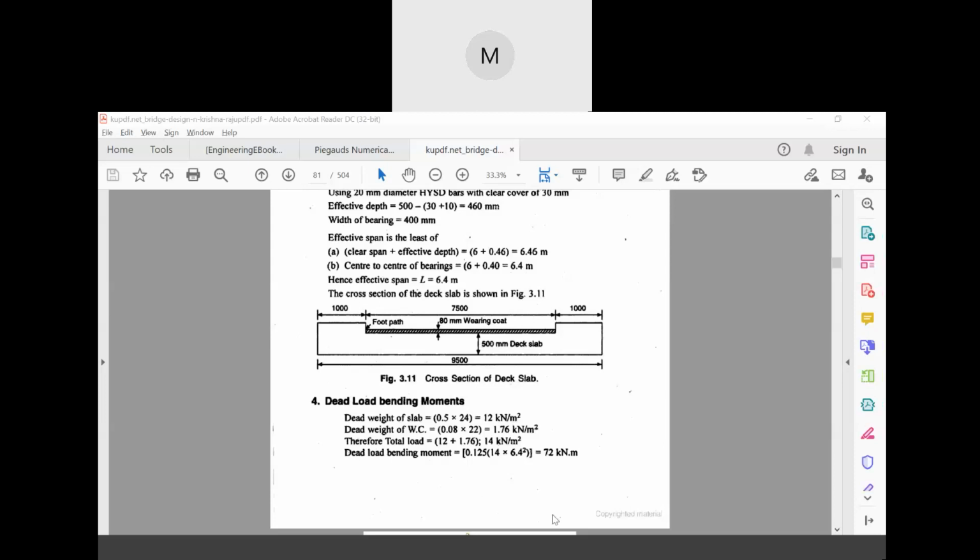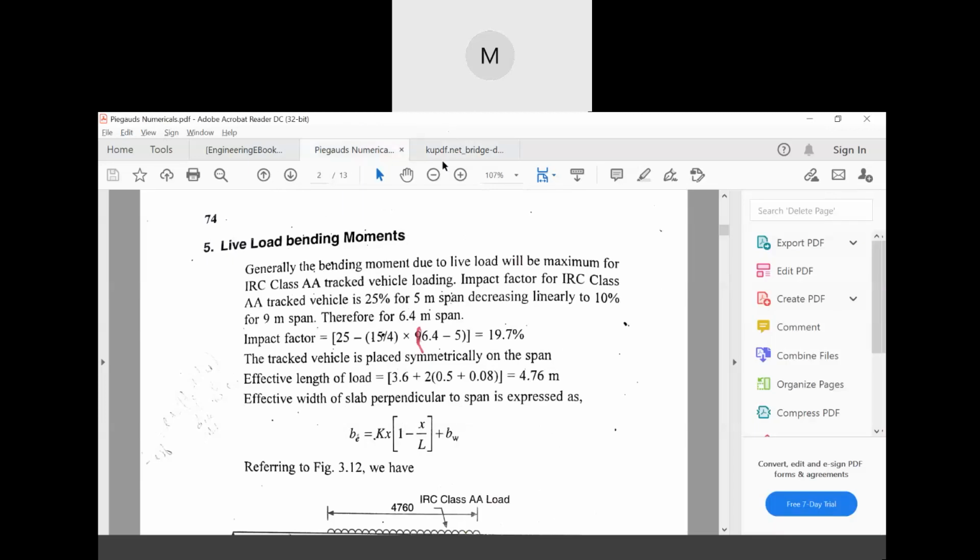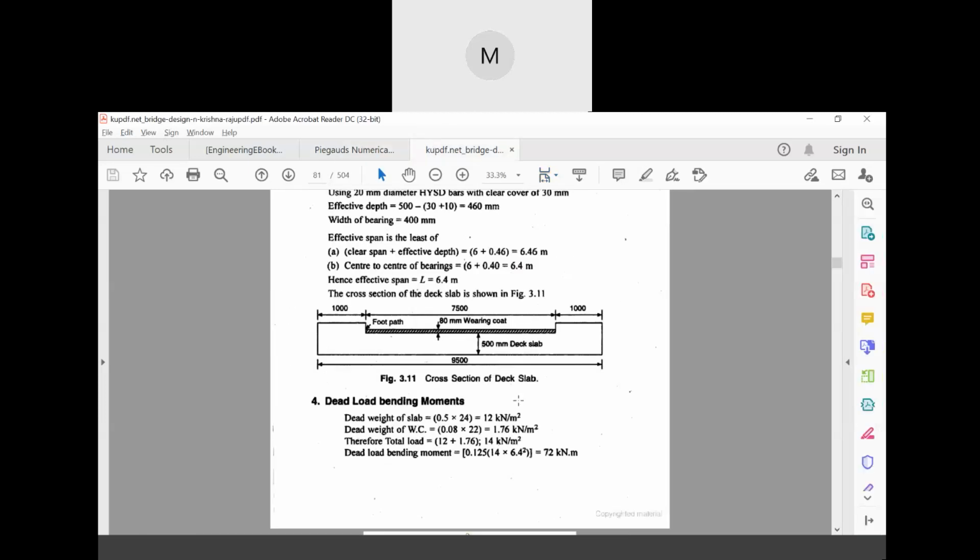That is why we are using 24. Had it been RCC, we could write 25. And the wearing coat is 22.